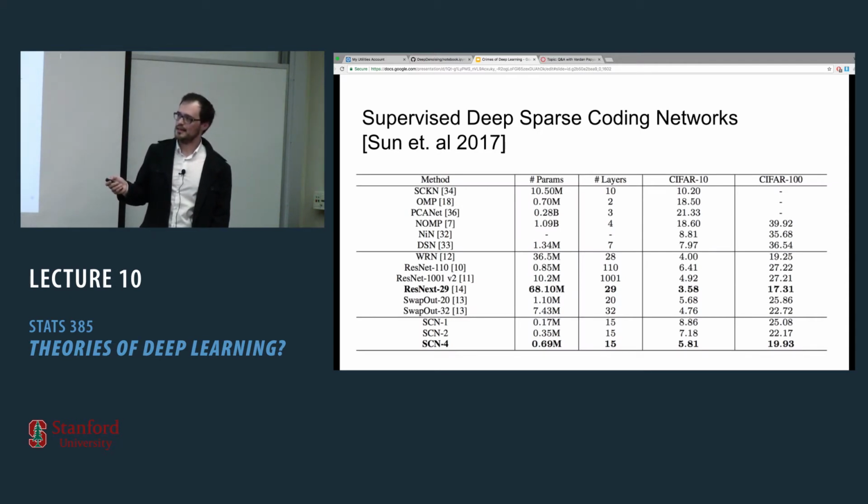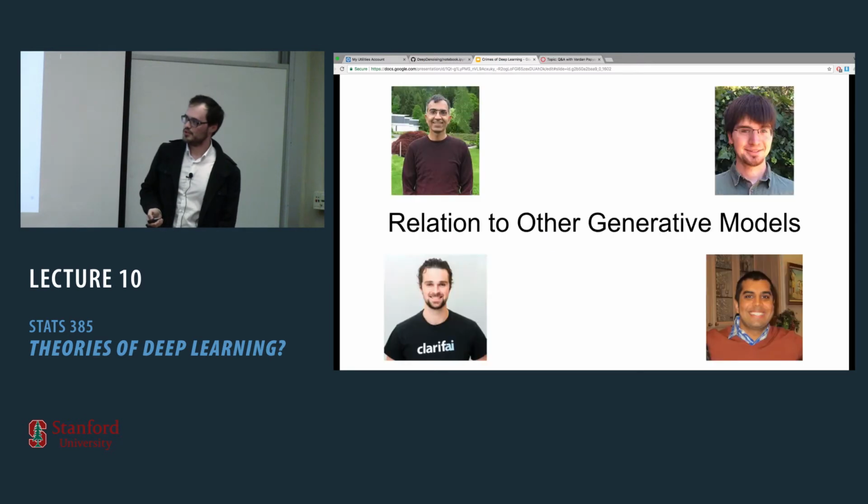This work of Sun et al. basically did a cascade of lasso problems. It showed how you can actually backprop through lasso layers. And they show results which are on par with ResNext. ResNext is the next generation of ResNet. So you can see 3.58 error, 5.81 error. But the number of parameters is 68 million in ResNext, and in the sparse coding variant, it's less than 1 million. So there is something to doing sparse coding apparently.